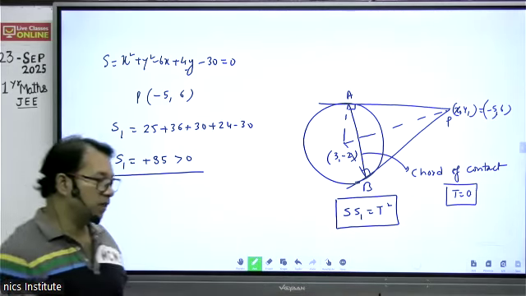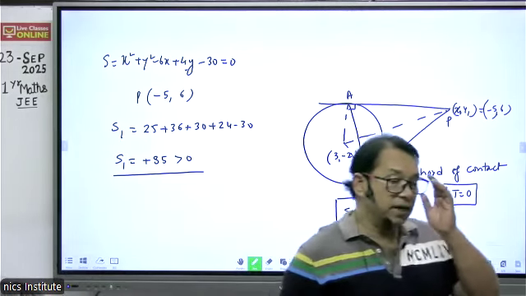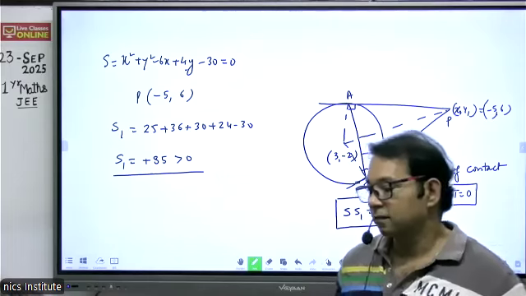ये वैसे देखा जाए तो syllabus में थोड़ा सा बाहर है, but all this will help us in entrance, फिर भी हम कर रहे हैं.